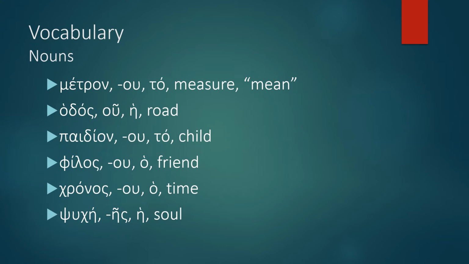Next, hodos, hodou, he. This is the uncommon feminine of the second declension. English words which come from this are pretty not common, but say you're afraid of travel, hodophobia, or you study paths and roadways, you're into hodology.